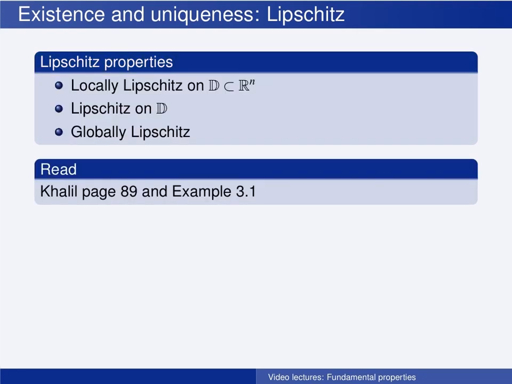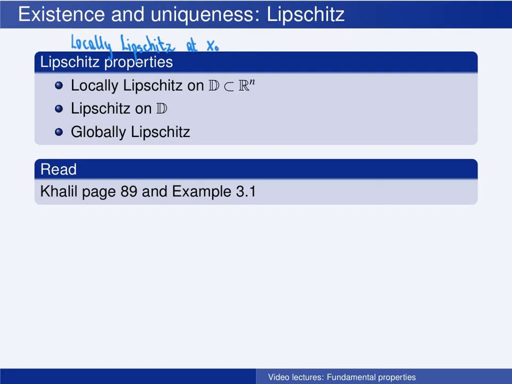As we have seen, the key assumption in theorem 3.1 is the Lipschitz condition. If a function satisfies the Lipschitz condition as it is stated in this theorem, we say that the function is locally Lipschitz. And sometimes we specify that it is locally Lipschitz at the point x0.